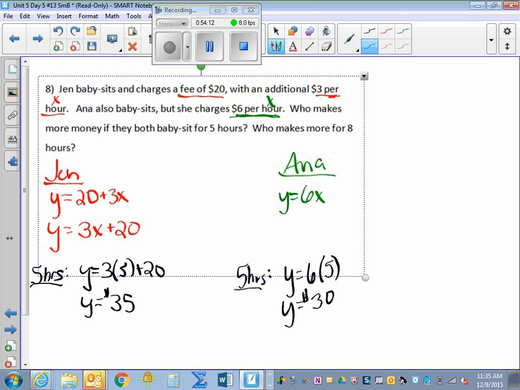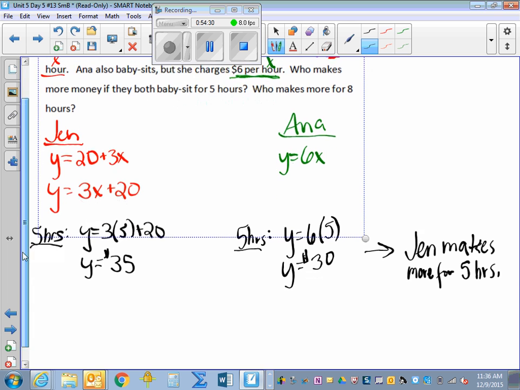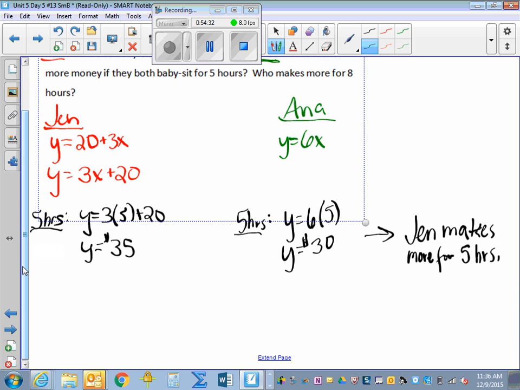Alright, so who makes more if they both babysit for 5 hours? Well, for 5 hours, Jen makes more. Okay. Then it asks who makes more for 8 hours.